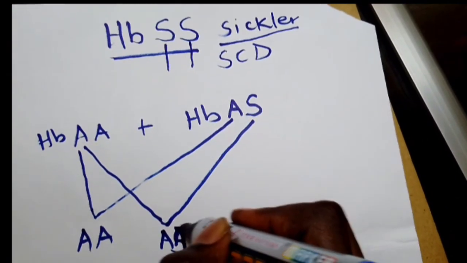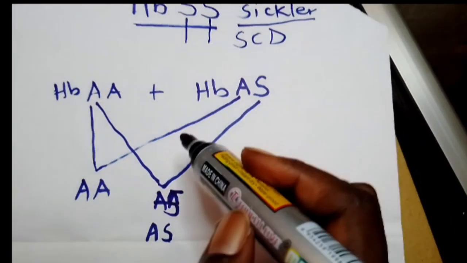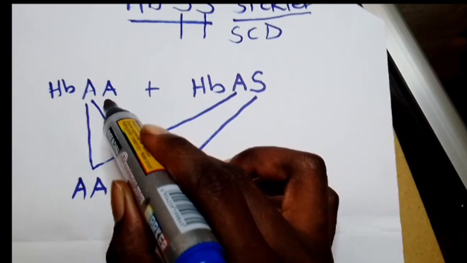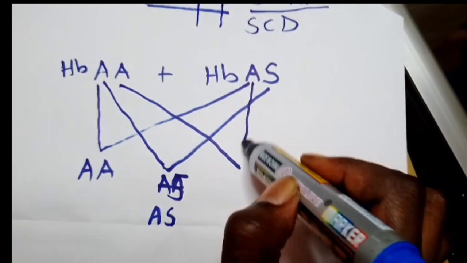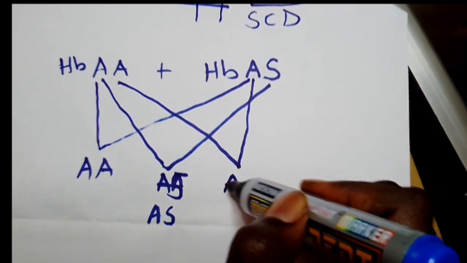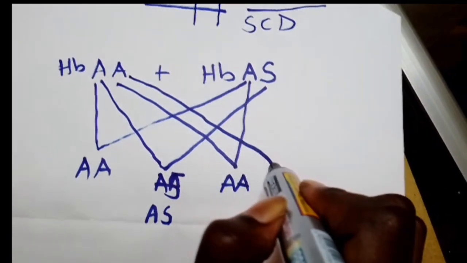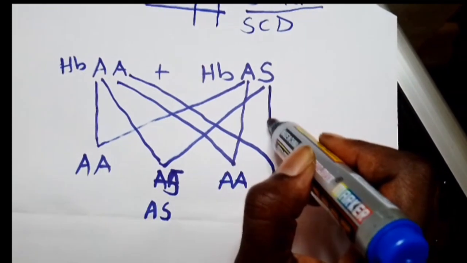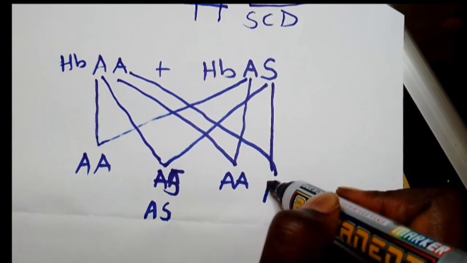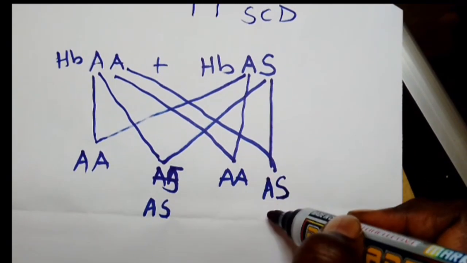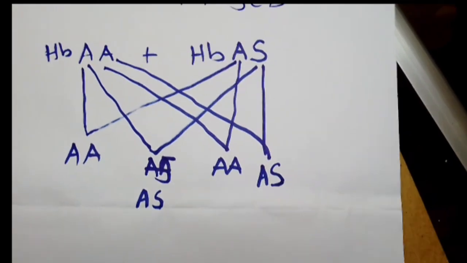Oops, sorry. Let me just write it down here. And you can see that if this happens, the normal hemoglobin again meets with this other normal hemoglobin, so that would be a normal baby. And if this hemoglobin meets with this sickle cell hemoglobin, you will see that that baby too would be a carrier.